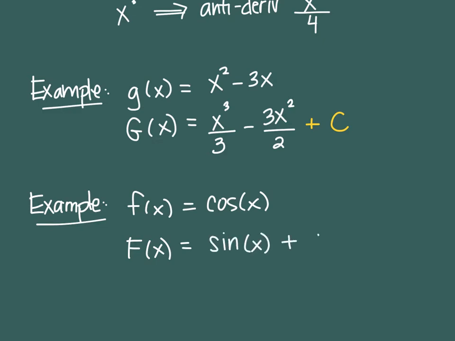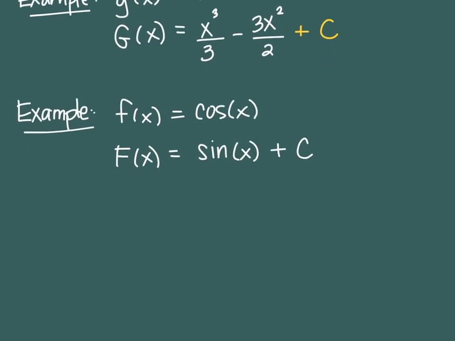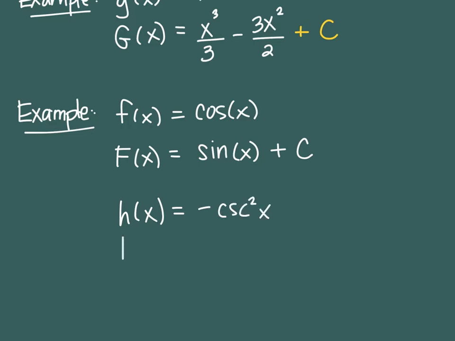But there's also a constant added on to those trig functions as well. Another trig example might be h of x being defined as the negative cosecant squared of x. The antiderivative of that is the function we know that came before the negative cosecant squared of x, which is the cotangent of x, and then that would have a constant added onto it as well.